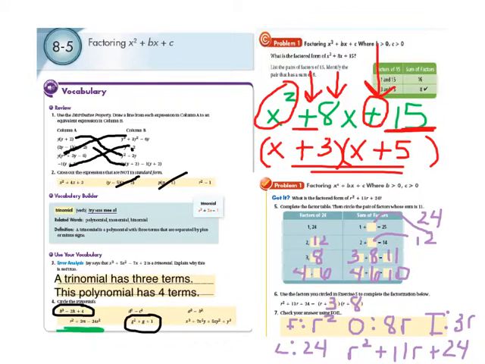Alright, your problem should look something like this. They've just listed out the factors and showed their sums, and you can tell probably that we need this one because 3 times 8 is 24 and 3 plus 8 is 11. And then at the bottom, well, first of all, this is our answer right here. And then at the bottom it says to check yourself with FOIL.